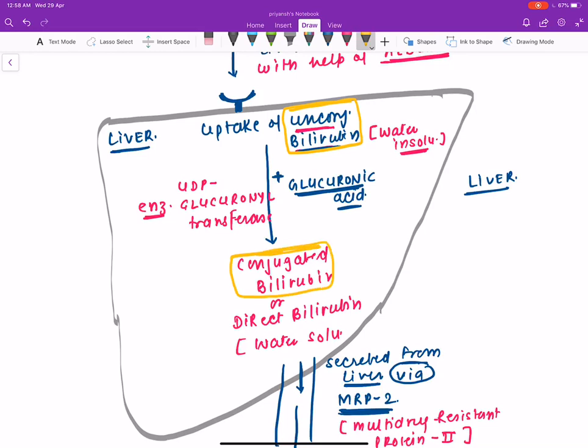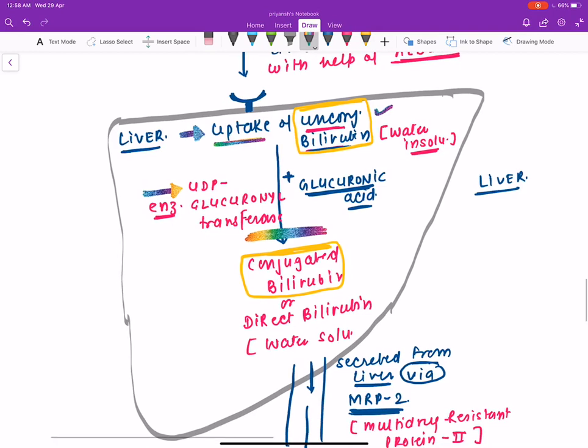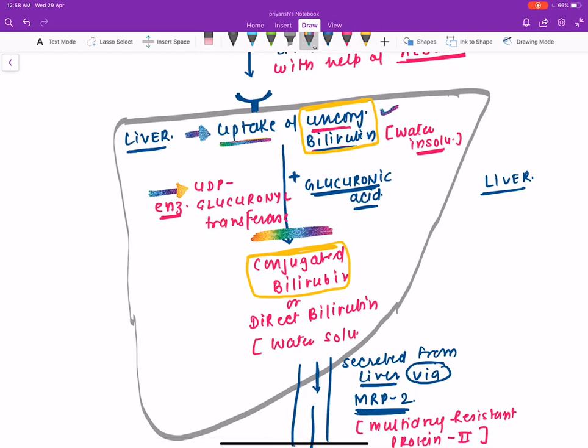So what I can say is, if in the liver the uptake of the unconjugated bilirubin is not proper, or if there is a deficiency of the enzyme UDP glucuronyl transferase, if these two processes are not working properly, then this reaction will not take place. If this reaction does not take place, then the unconjugated bilirubin will increase. So there are two conditions where these things happen.